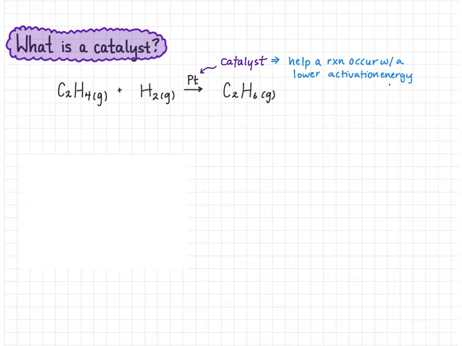And the way that they do this is by providing an alternate pathway for the reaction. So a catalyst is neither a reactant nor product. It's regenerated during the reaction, and so it's always in excess.